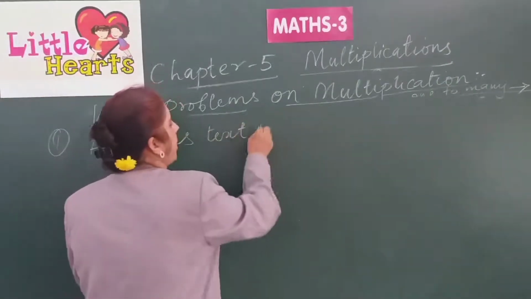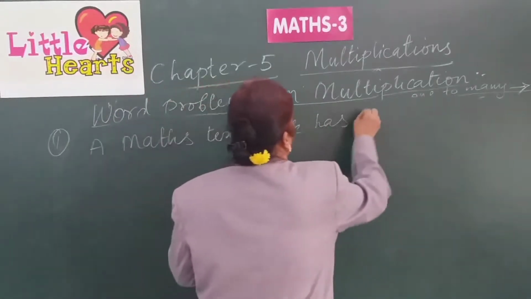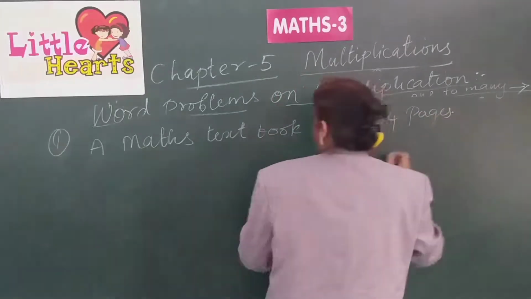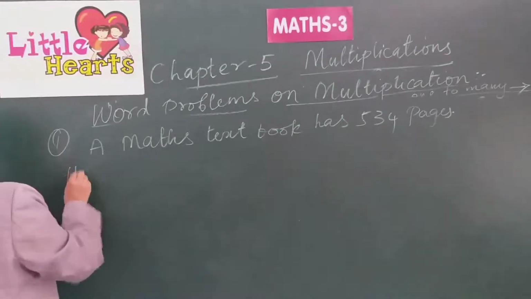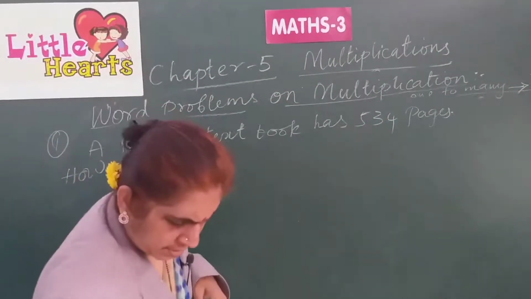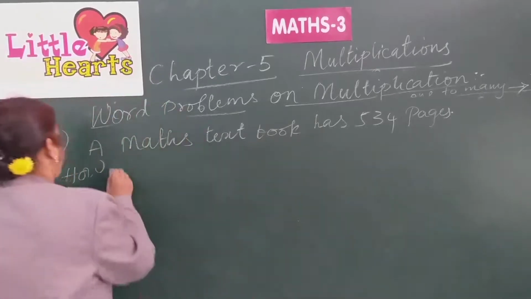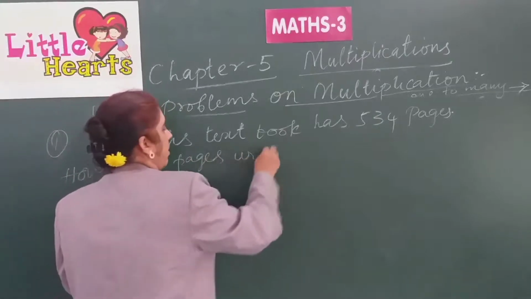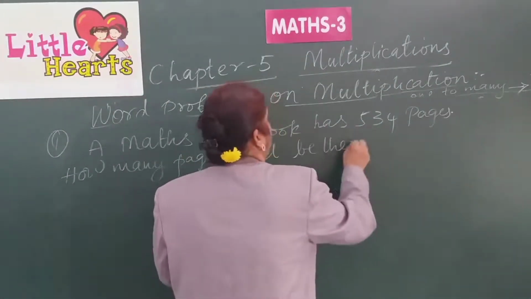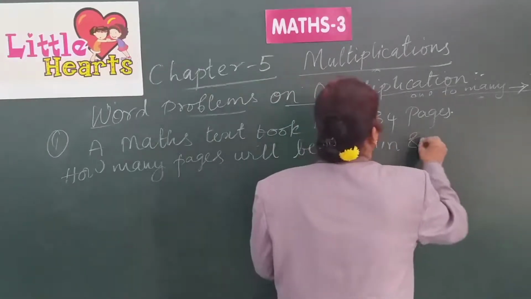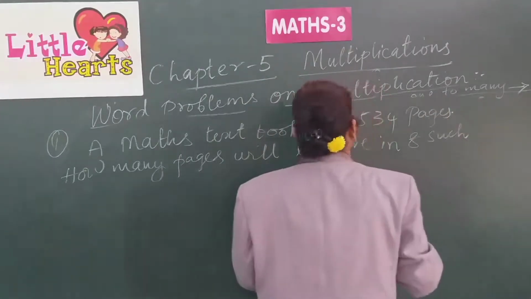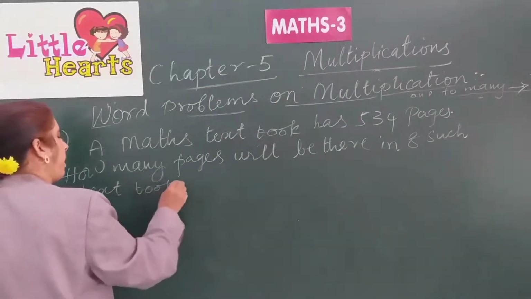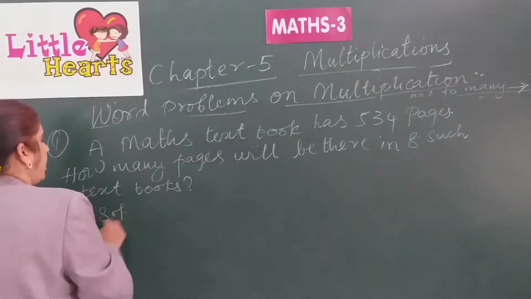A maths textbook has 534 pages. How many pages will be there in 8 such textbooks? So first write always what is given. What is given?